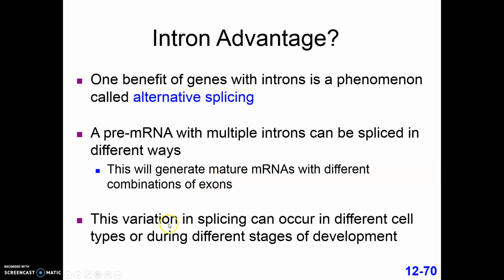This essentially gives us different forms of a gene based upon the gene only having one version of the gene. So here we get multiple proteins out of one gene. That is certainly more efficient if you are dealing with an ever-increasing genome size, which is what eukaryotes were dealing with.